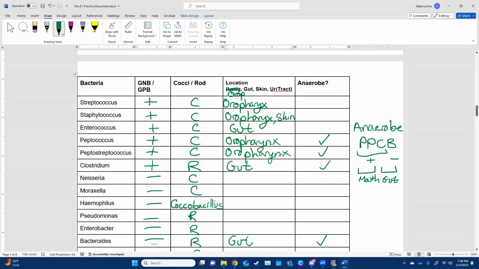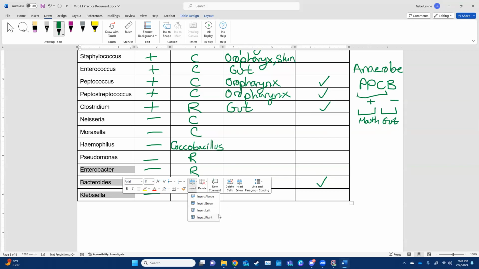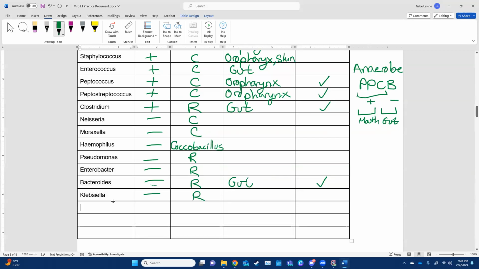Am I missing one? These aren't in the right order. Oh, no, they are. I'm just missing one. Missing 3. Neisseria, yeah. Missing E. coli, Proteus, Salmonella.